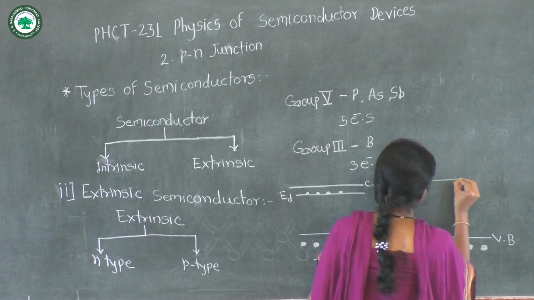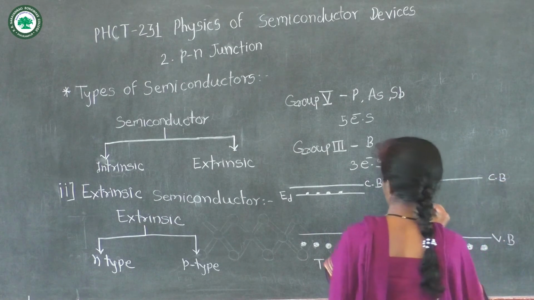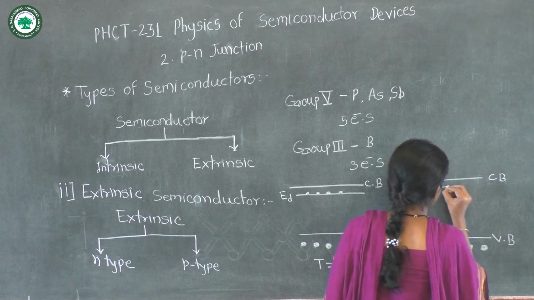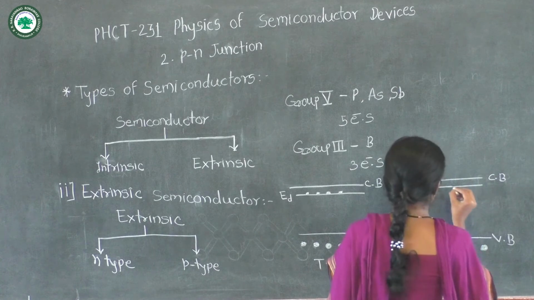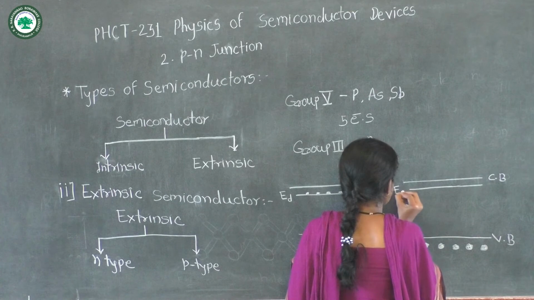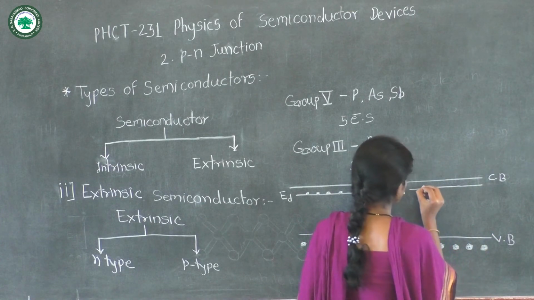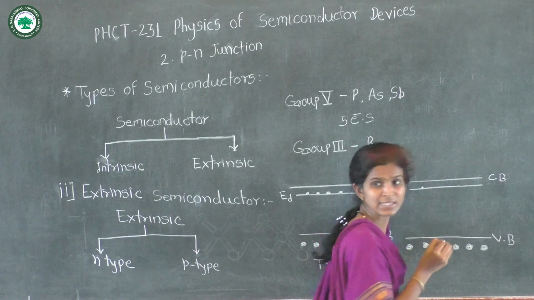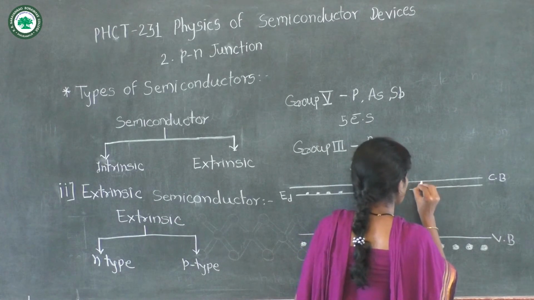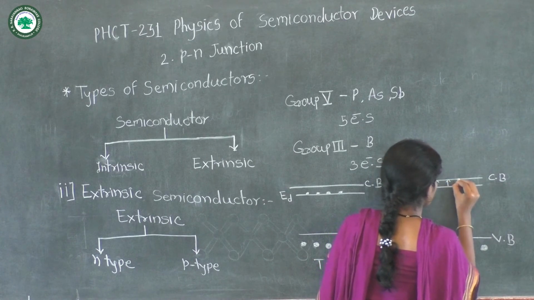This is the conduction band edge, and the slight rise in temperature will help these electrons in the donor energy level to make transition to the conduction band very easily.